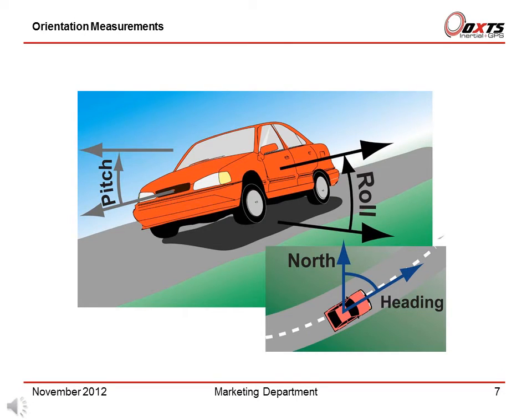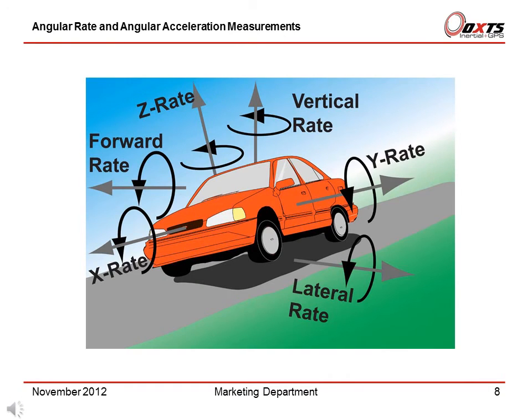Now we should look at the orientation measurements of the RT. The RT measures the heading, the pitch, and the roll angle of the car. Now we should look at the angular rate and angular acceleration measurements of the RT. The angular rates and angular accelerations of the vehicle can be measured about the body axis or the level axis.